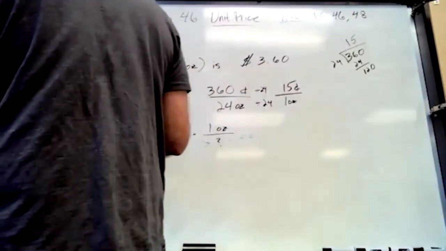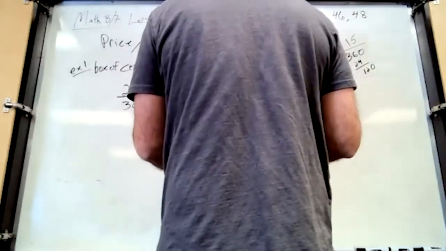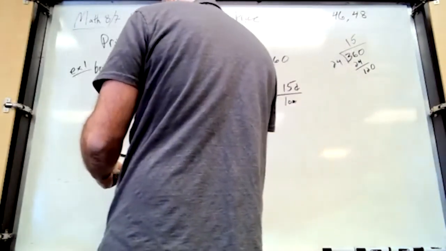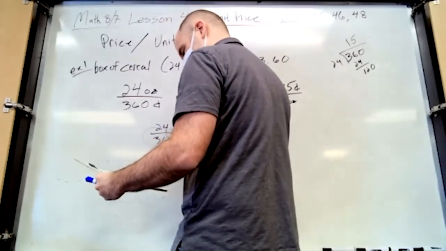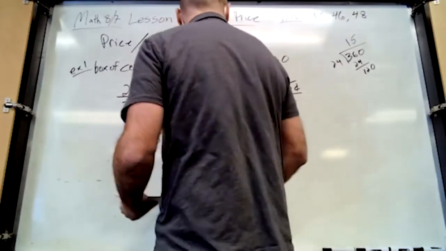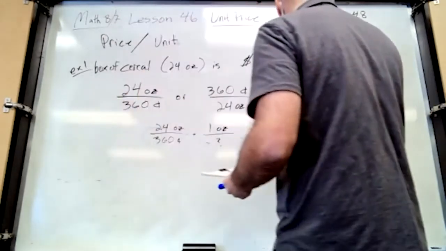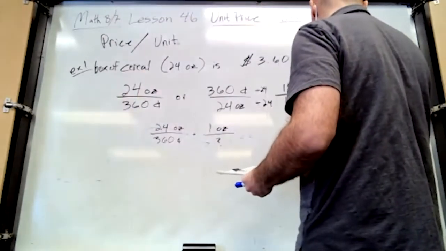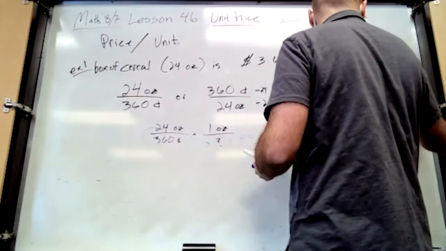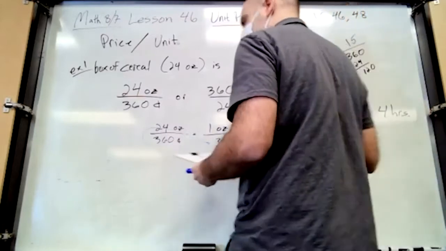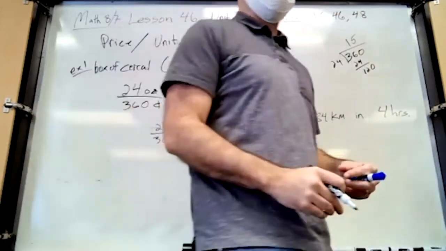All right, let's say we've got, let's do this. Let's say we went 84 kilometers in 4 hours. So this is not a unit price, but we can simplify this.